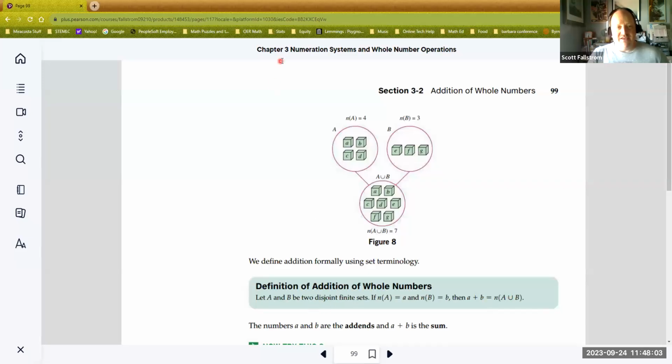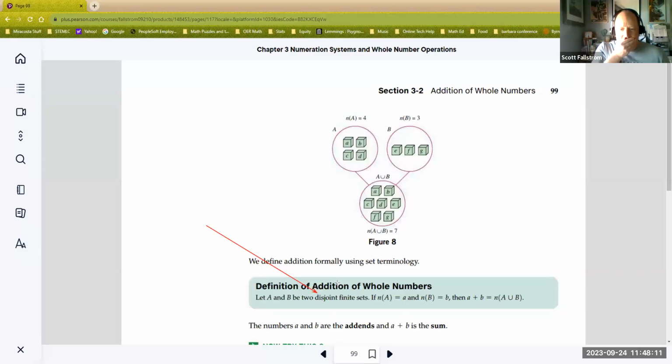But notice this is a key part. It says let A and B be two disjoint finite sets. Then they continue on with that. This is really one of the conditions of the definition of addition when using the set model. They have to be disjoint.